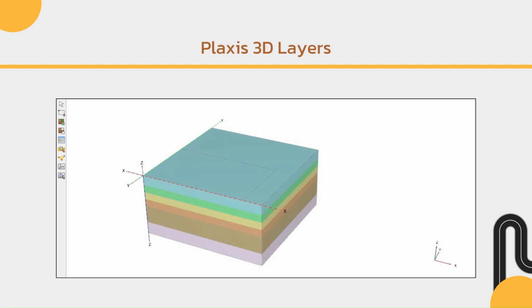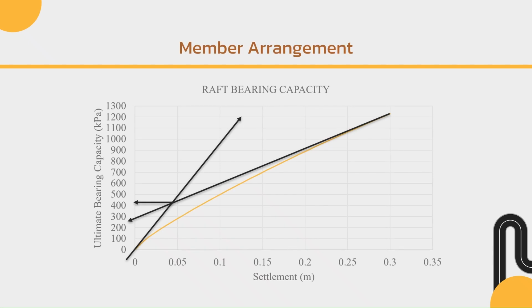Representation of our soil profile in Plexus 3D up to 25-meter depth. Output of Plexus and the manual calculation achieved a bearing capacity equivalent to 170 kilonewton per meter square.